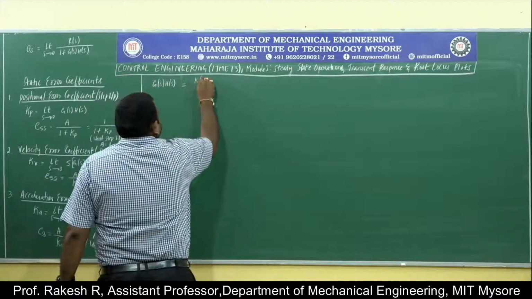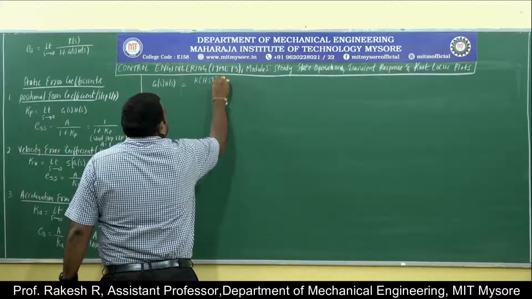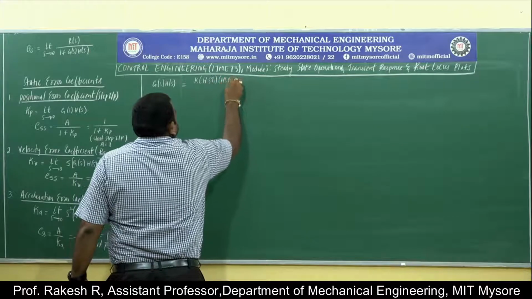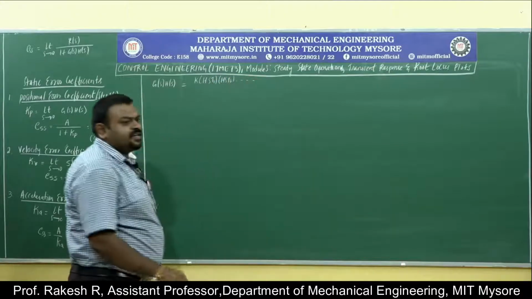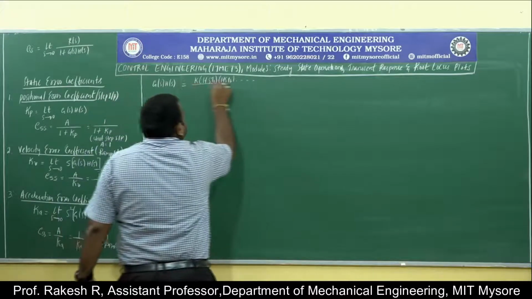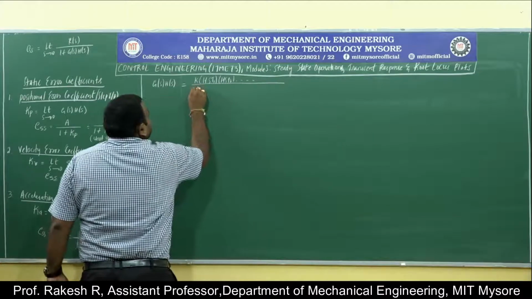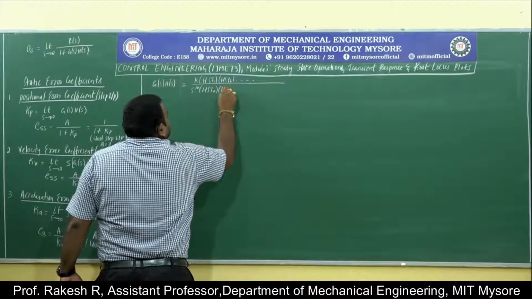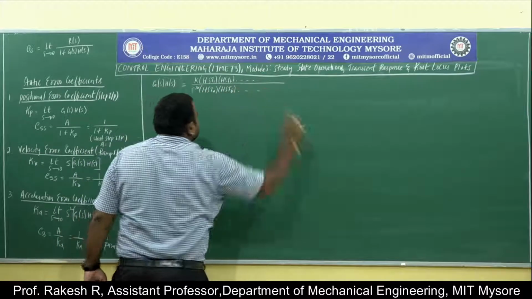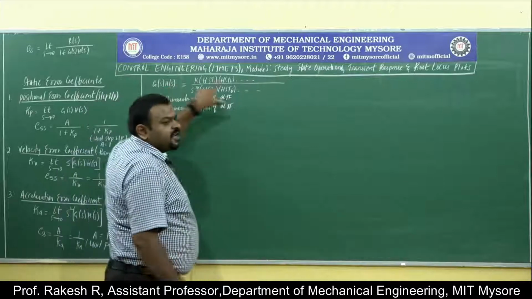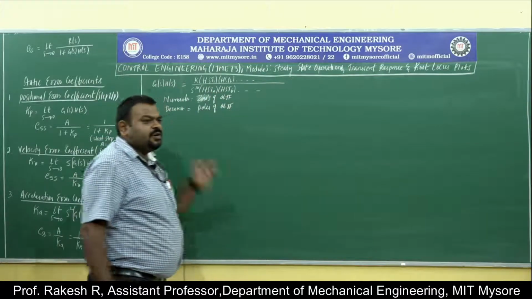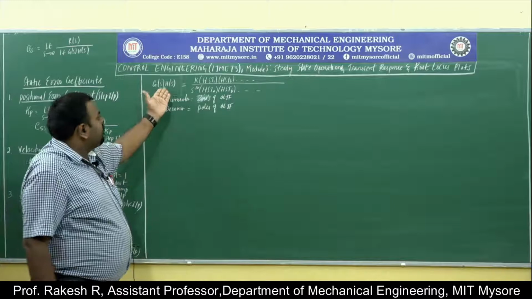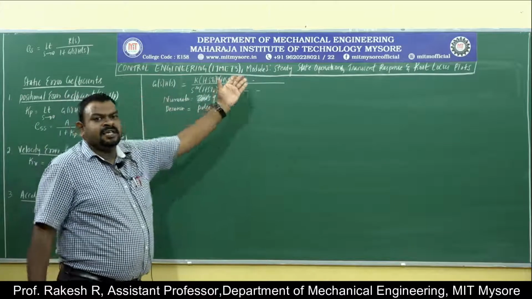So it is K into (1 plus sT1)(1 plus sT2), etc., the numerator terms, divided by s to the power of n into (1 plus sTa)(1 plus sTb), etc. If you make the characteristic equation equal to 0, you get the open loop transfer function as some equation.